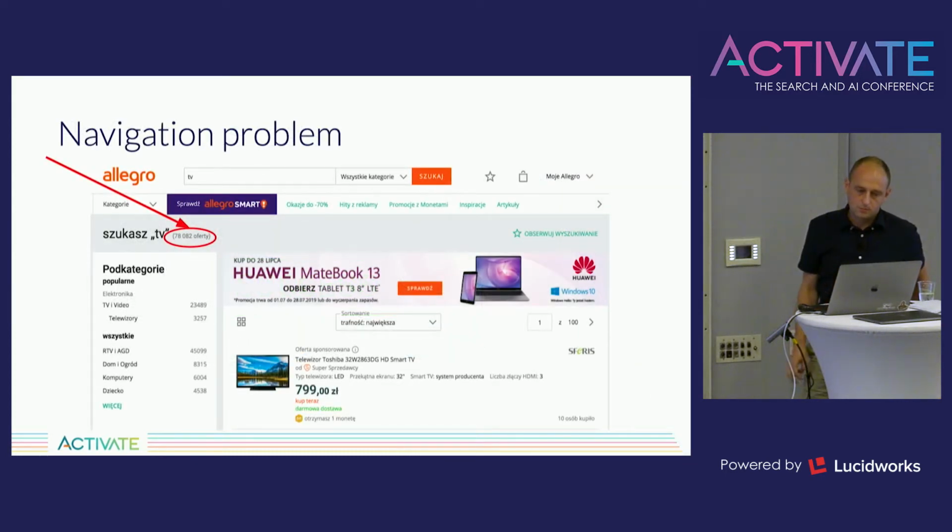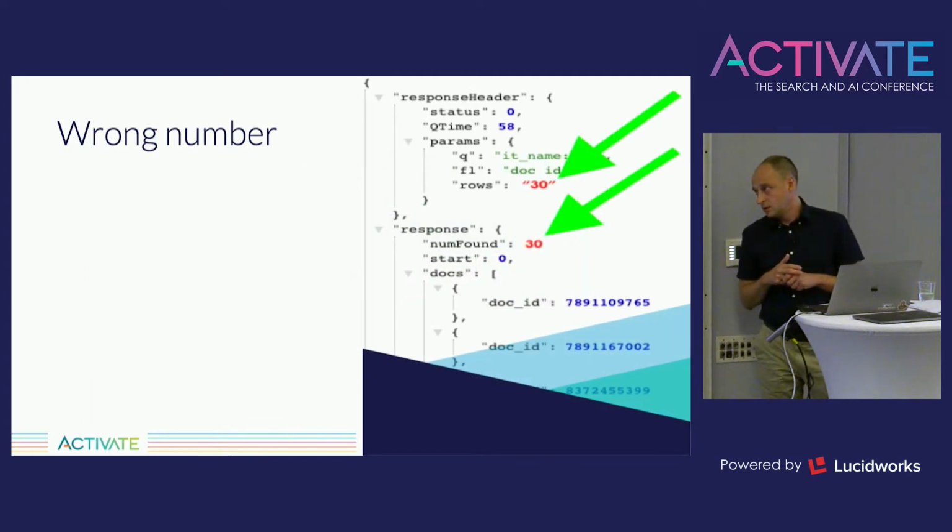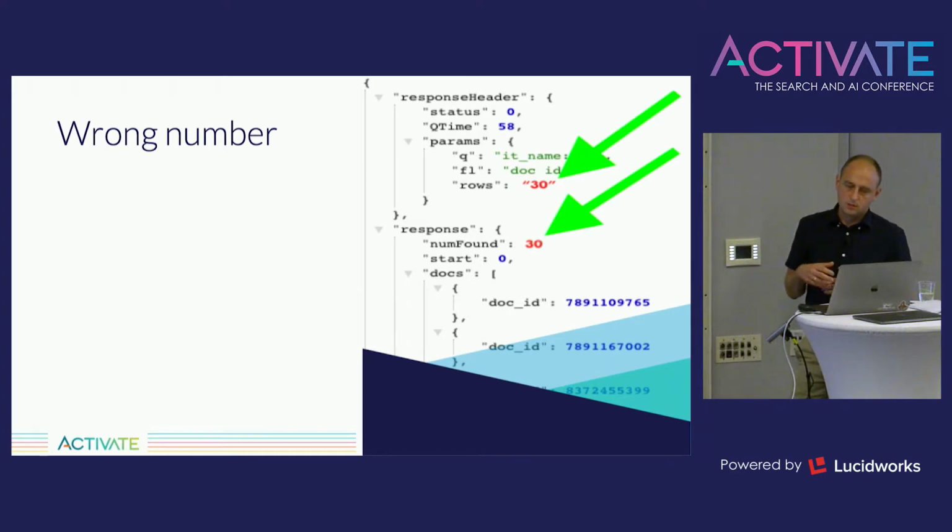But there was one problem. On the listing, we present the number of offers that can be searched by our query, and this number was wrong, because our filter returns only the subset of documents that needed to be presented on our listing.